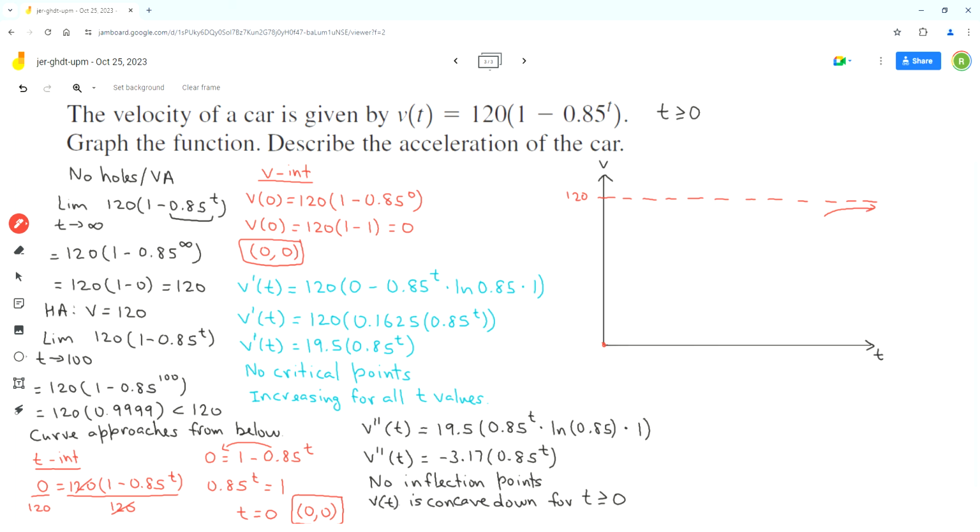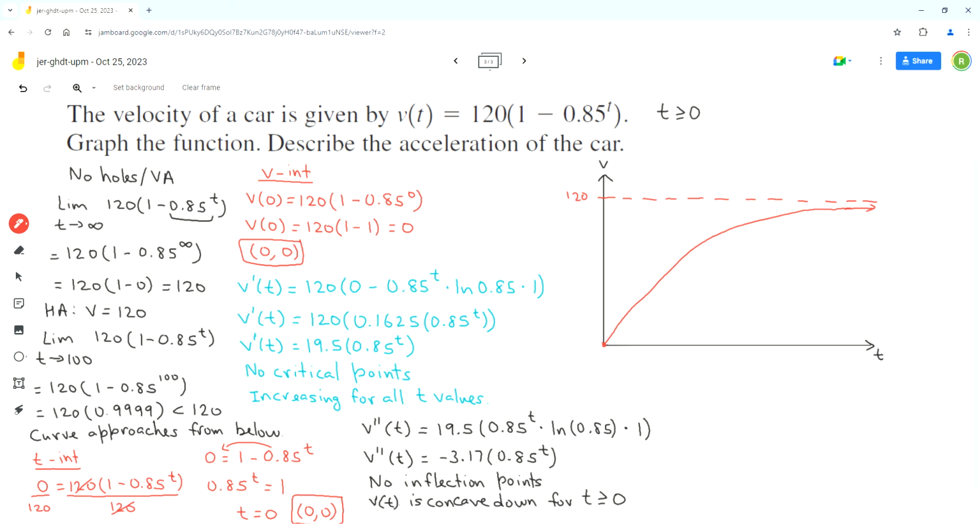So the end behavior will be like this. And the curve is increasing for all t values and it's concave down for all t values. So we can show the sketch like this. As we go from left to right, the v values are increasing, so the function is increasing and it's concave down. So this should be the graph of this function v at t.